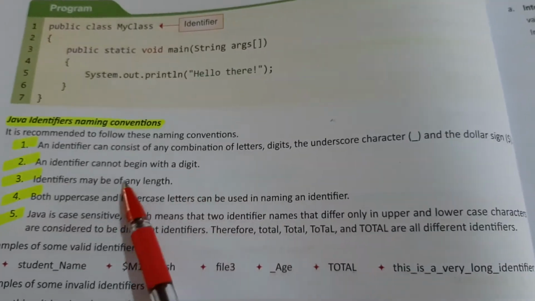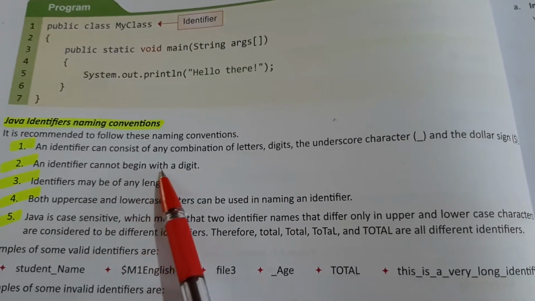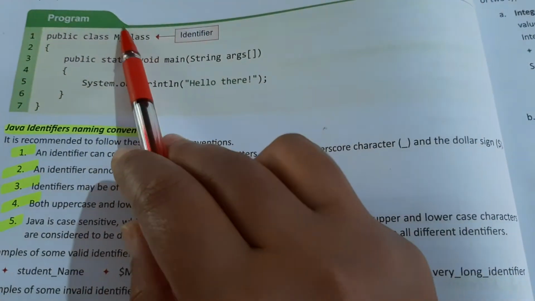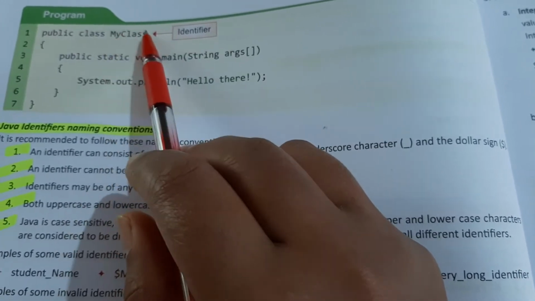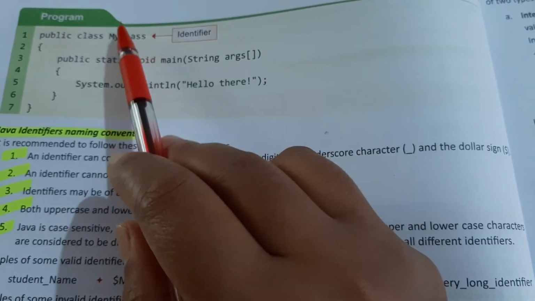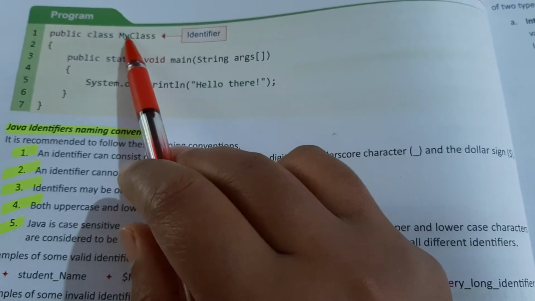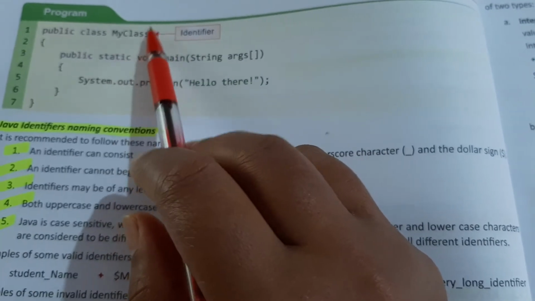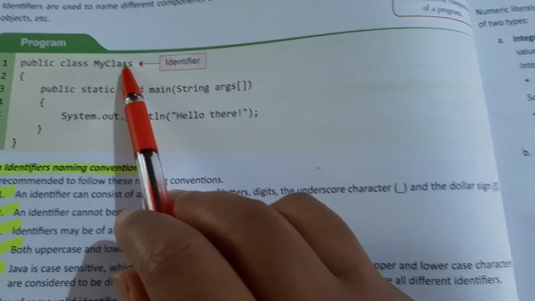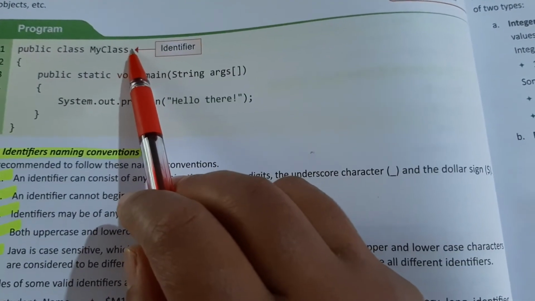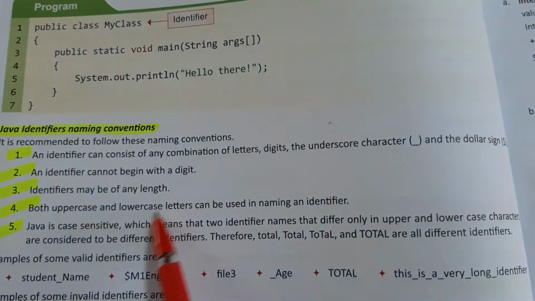Next, an identifier cannot begin with a digit. As I said, you can use the word first class, but if you have to write a number, it should be class1. You can write a digit after the name, but you cannot write it before.